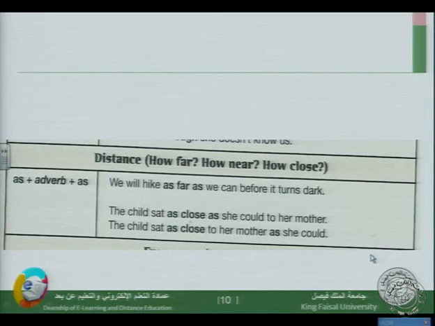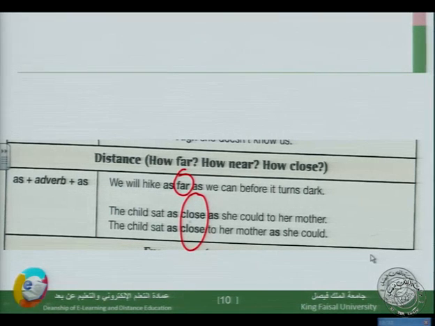The child sat as close as she could to her mother. How far, or how near, or how close. This depends on what is between the as. If we say as far as, we ask how far. As for as close as, we say how close did the child sit? As close as she could to her mother.